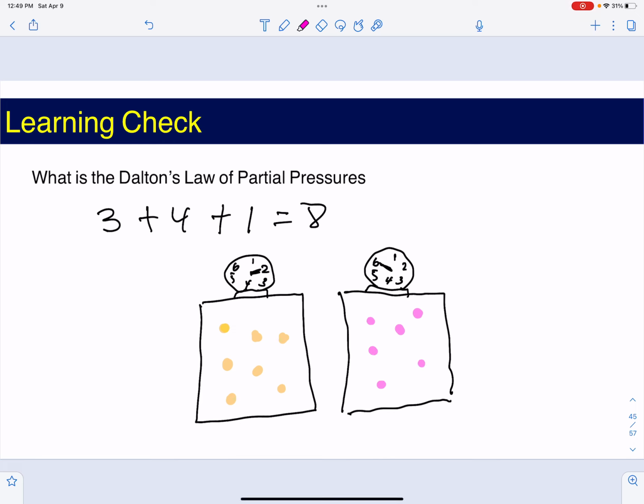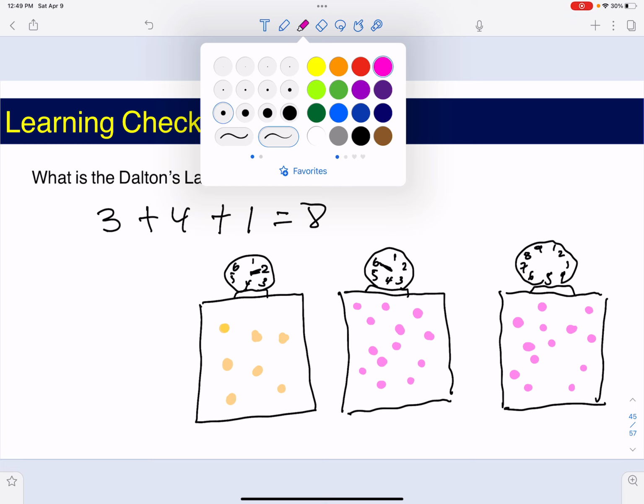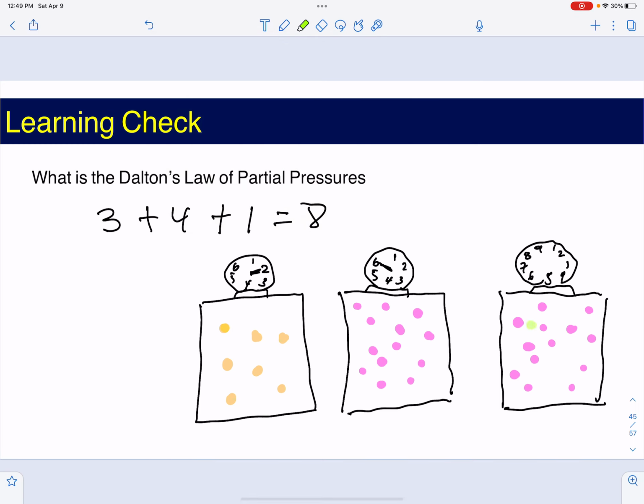And now imagine you have another container the same size with another gauge, and on that container you put that gas, and you also put the other gas that you have in there.